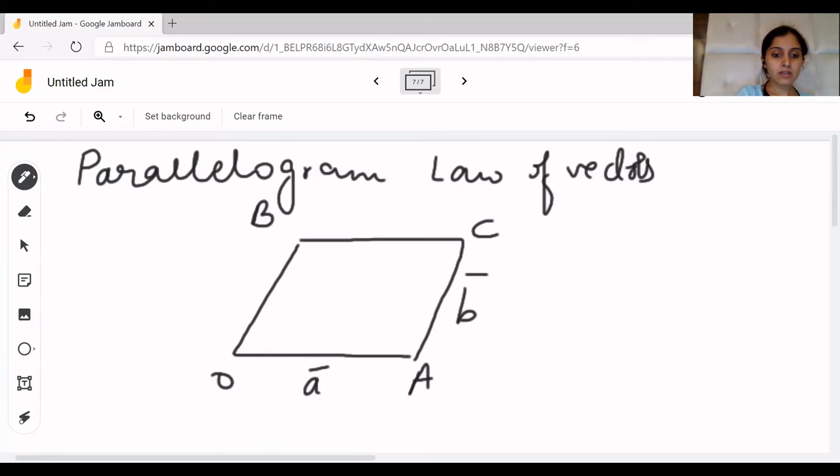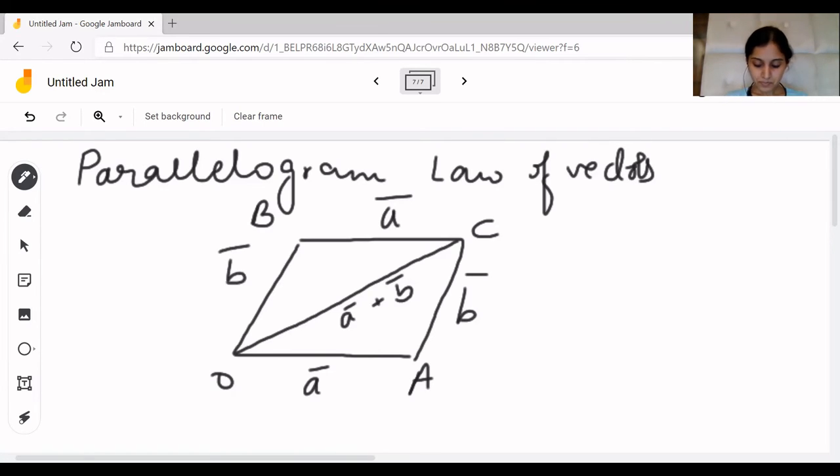And then by the triangle law of vectors, what will be the value of OC? It will be a bar plus b bar. Then BC is opposite to OA, so it will be a bar. And AC is opposite to OB, so it will be b bar.